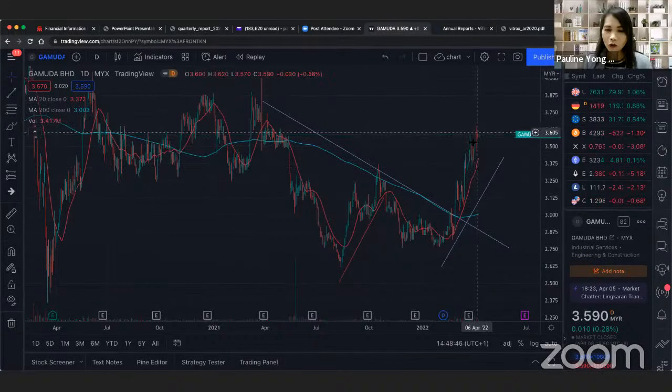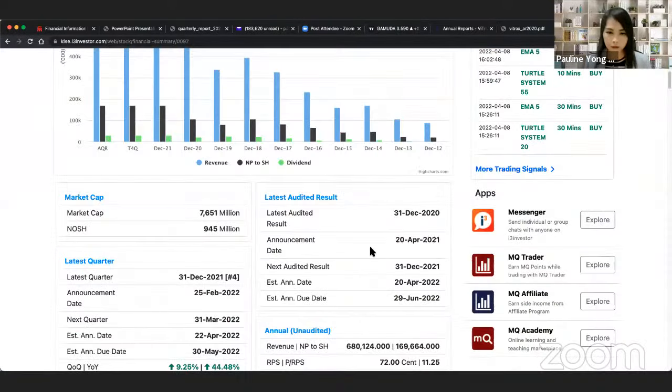Okay, so for all these earnings, you need to take care of the date of announcement. Especially if you are holding this company, you need to take note of the announcement date so that you can watch out for it and see if there are any significant changes in the profit or not, because the profit will affect the earnings per share, and the earnings per share will affect the PE ratio, and the PE ratio will affect the current share price.